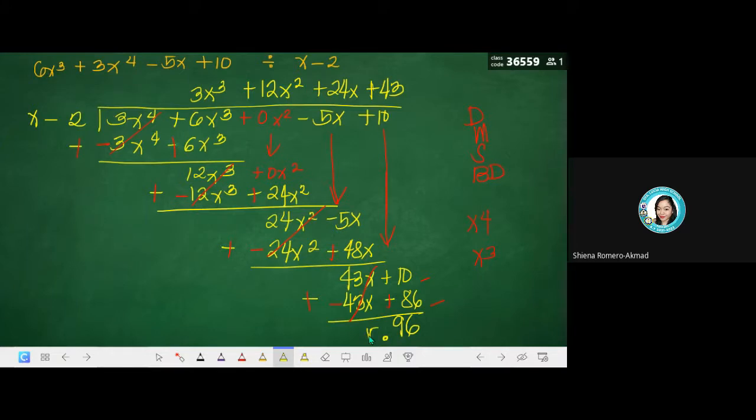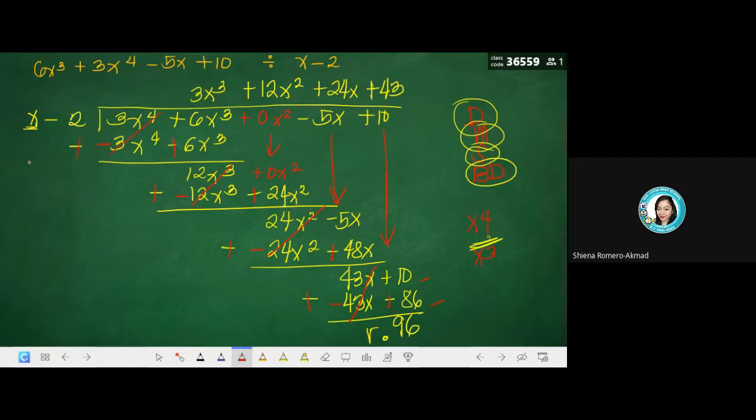So, nagkataon lang na mahaba yung mga terms, mahaba yung given, pero pare-pareho lang din ng steps. Ano yun? You have to divide, multiply, subtract, and then bring down. Tapos, technique sa pag-divide, no? Nagbabawas lang tayo ng isa sa exponent ng variable x. Okay? Kasi x lang naman to.